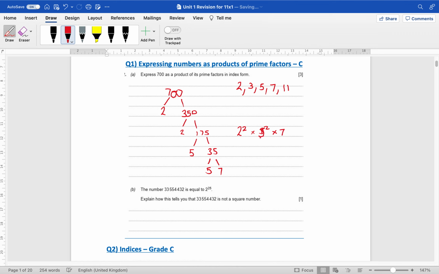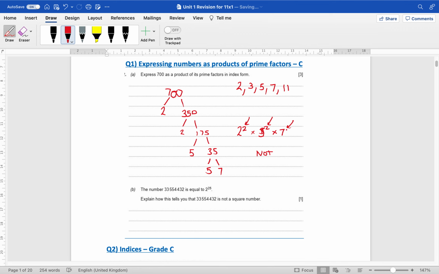Okay, like if it said to you, is this a square number? Well, every single indice will have to be even for it to be a square number. Now, 2 of them are, but because the 7 isn't, this is not a square number. If it asked this, I don't think it will, but if it did. However, it might then say, what would you have to times the 700 by to make it a square number?